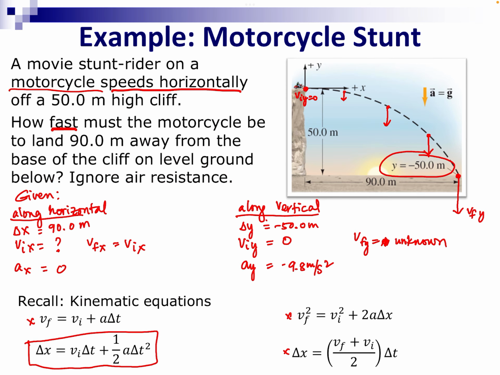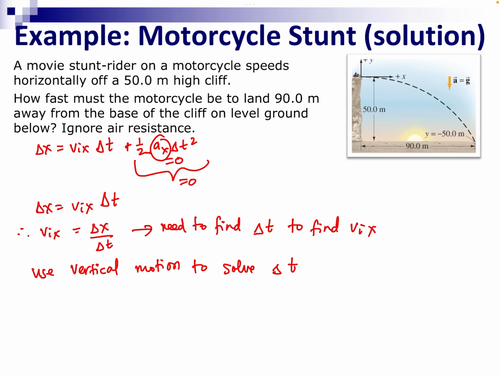If we use the vertical motion to solve delta t, we do not know the final vertical velocity. Hence, these three kinematic equations cannot be used, and this is the only equation we can use to find the time. So delta y is equal to Viy delta t minus 1/2 g delta t squared.